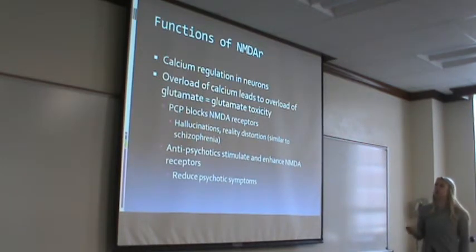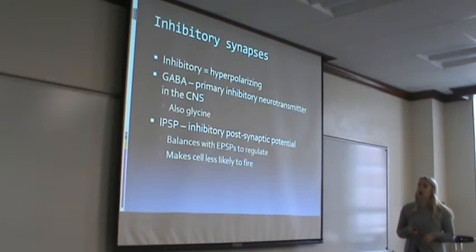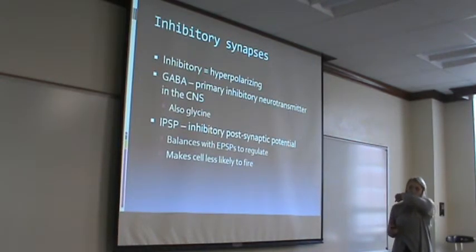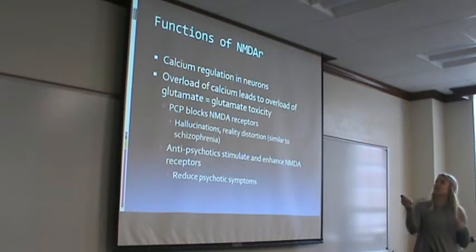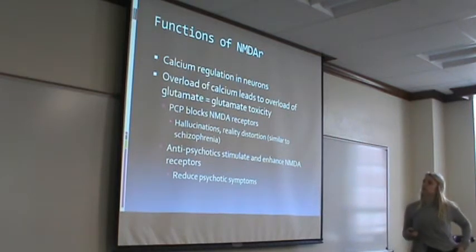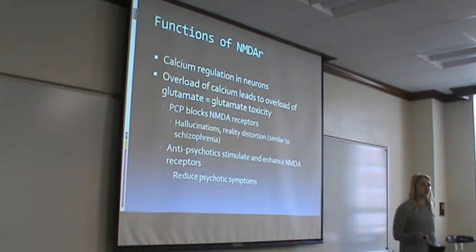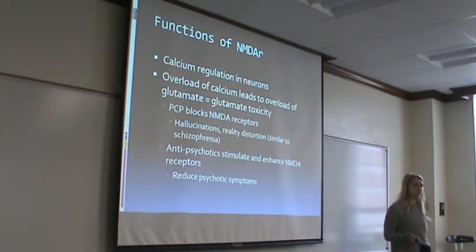So know generally what an NMDA receptor does. I wouldn't spend a whole lot of time on this slide. No, yep, you're good. This is the functions of NMDAR. So we just spent a lot of time talking about long-term potentiation, so that's going to be something that's important for an NMDA receptor.